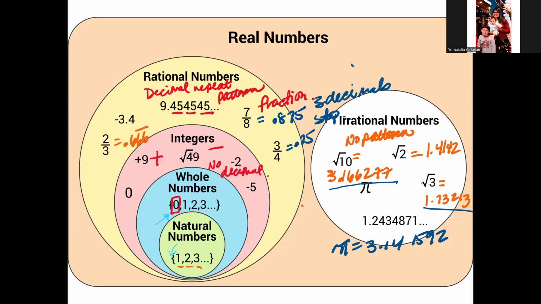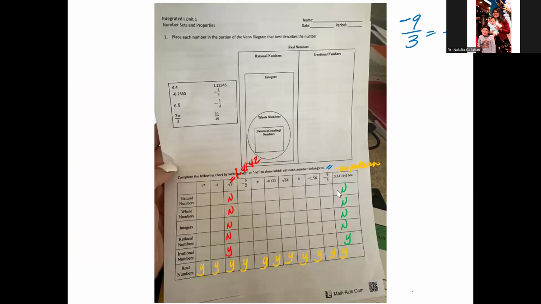Which one do you think that is gonna be? It's a negative number. Okay, it's no, no, no, yes, no, yes. Okay, good. So it's an integer, yes?